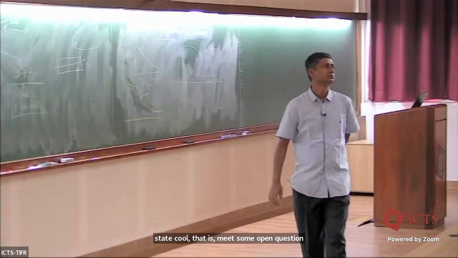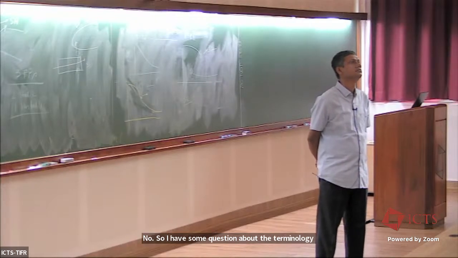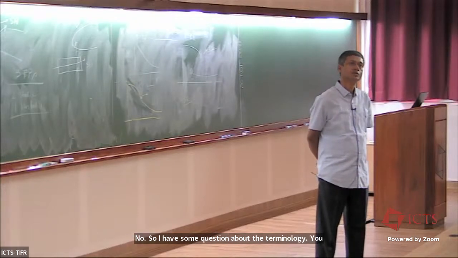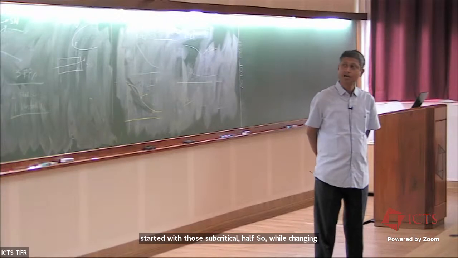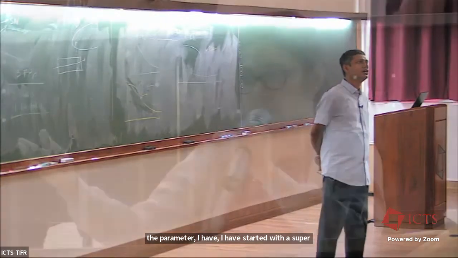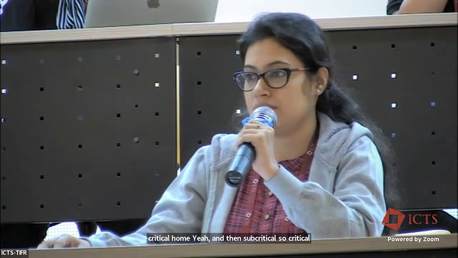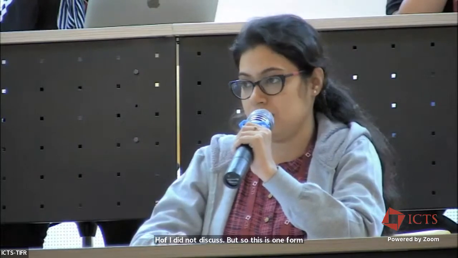Am I audible? I have some questions about the terminology. You started with the subcritical Hopf. While changing the parameter, I started with a supercritical Hopf. Yes, sir. And then subcritical. The subcritical Hopf I did not discuss, but this is one form of it.